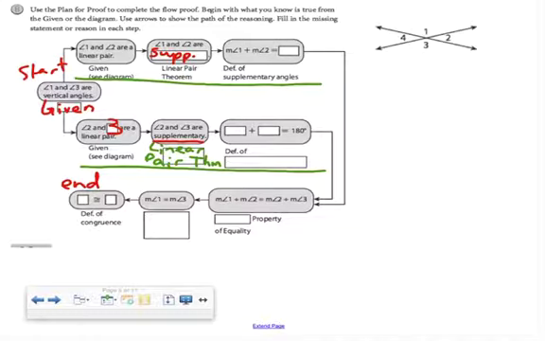Measure of angle 1 plus measure of angle 2 equals what because of the definition of supplementary angles? They add up to 180. Similar line of thinking down here, I'm saying that the measure of angle 2 plus the measure of angle 3 equals 180. And that is also the definition of supplementary angles.